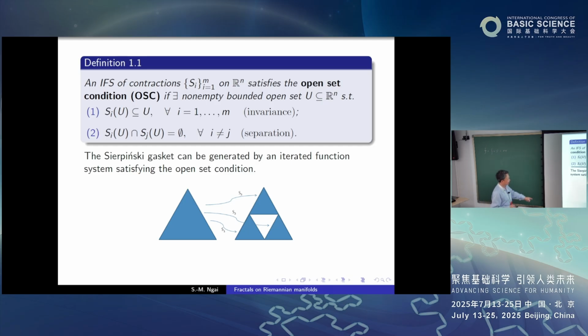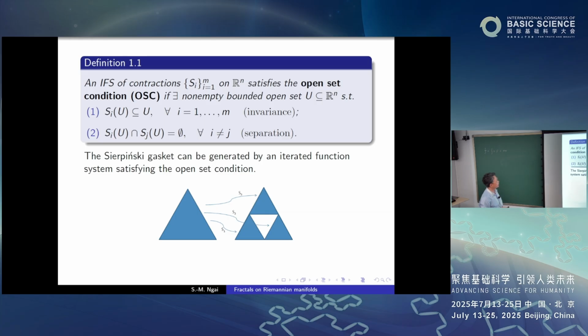The same iterated function system that we used in the previous example satisfies it. If we take the interior of this triangle, then S1, S2, S3 send it to these three pieces, the interiors are disjoint, and each of them lies in the triangle.